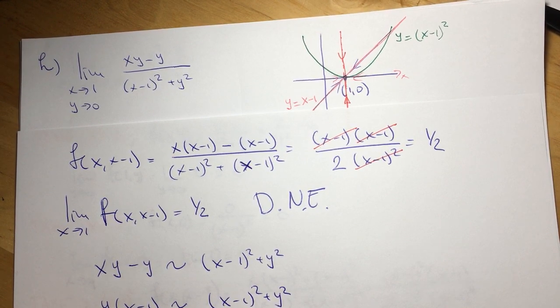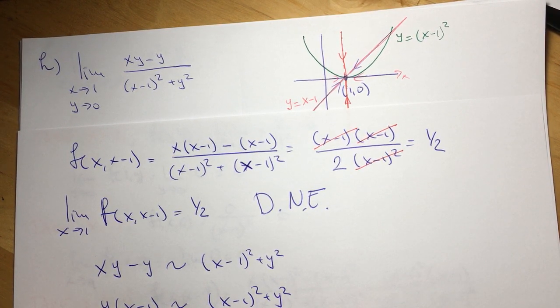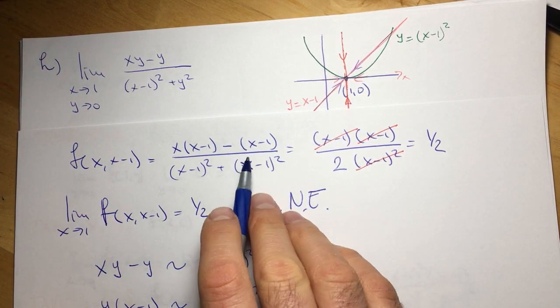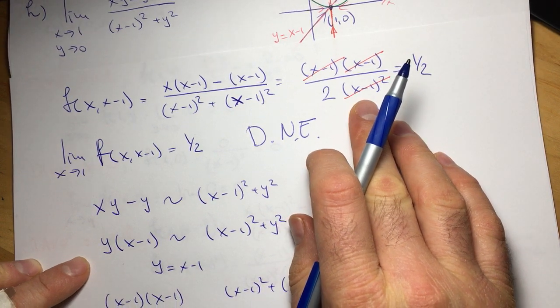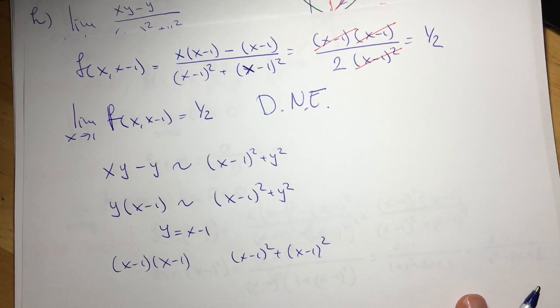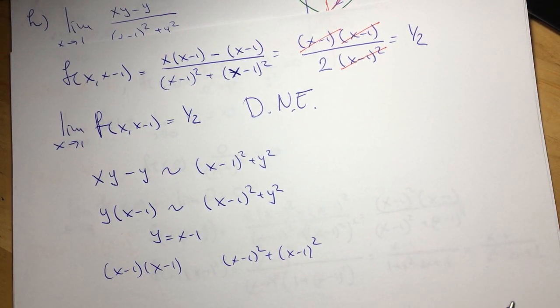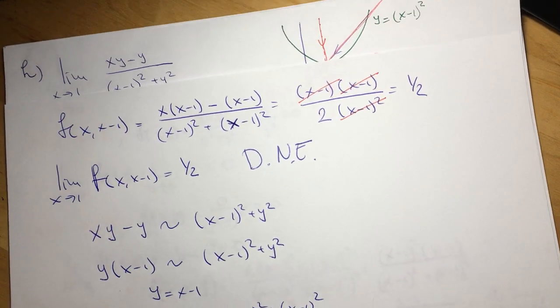I'll get (x minus 1) times (x minus 1) is going to be similar to (x minus 1) squared plus (x minus 1) squared, exactly what we did here. Okay? But it is not always as straightforward. Not that this was an easy problem. Okay? So let's practice more examples like this.